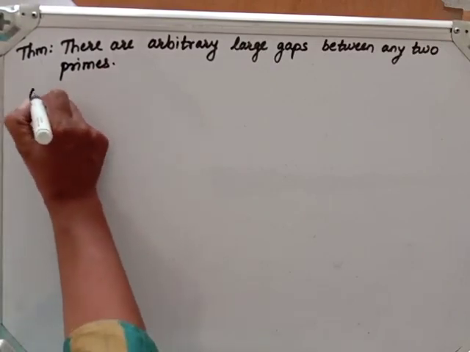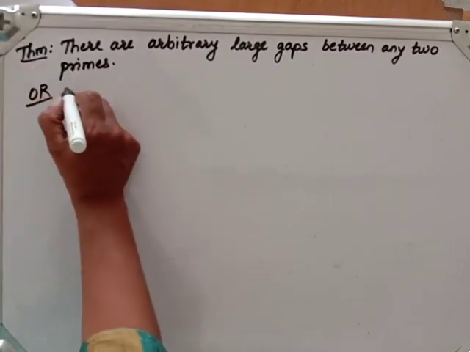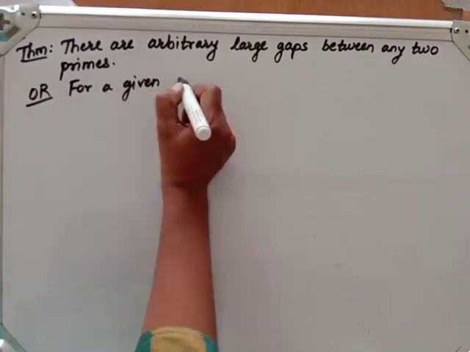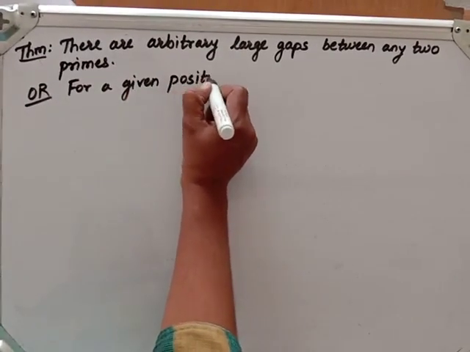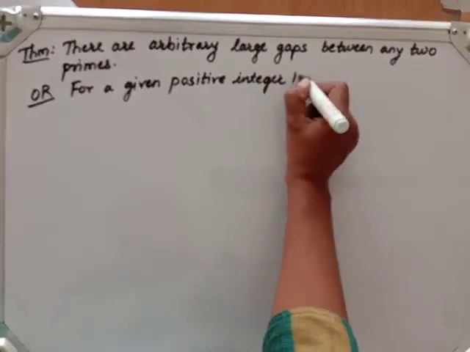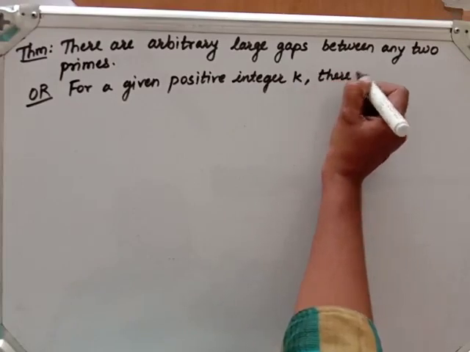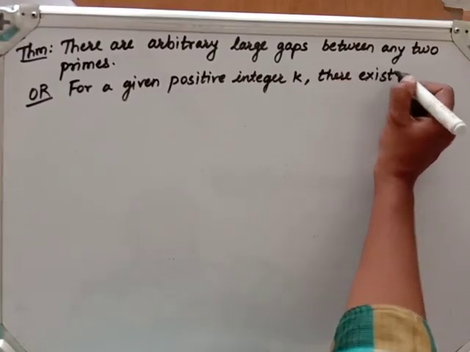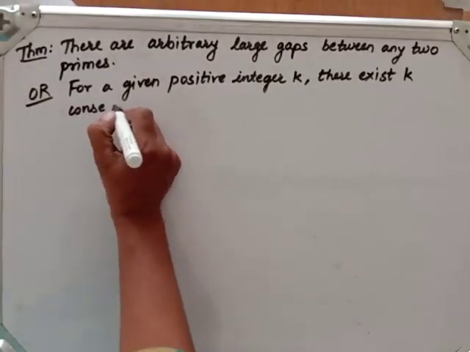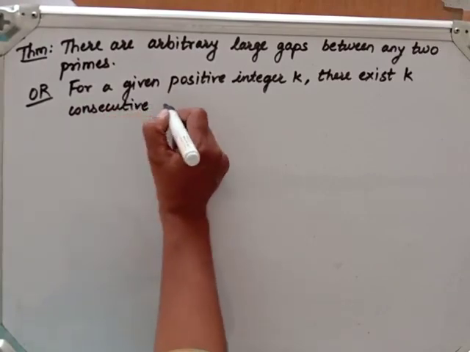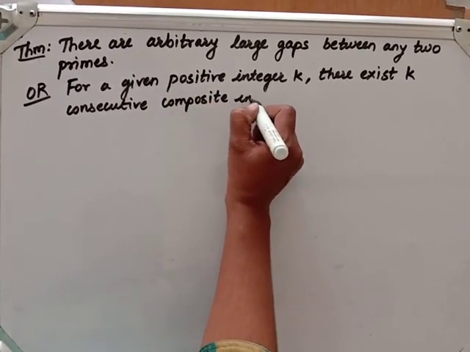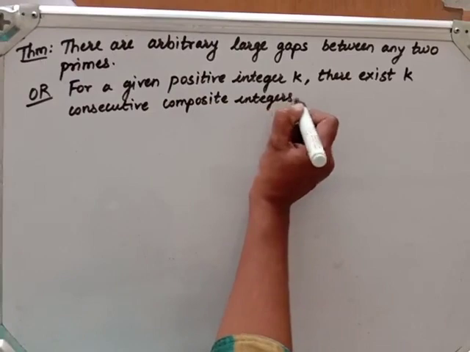Fine. Now, the same statement can be written as, for a given positive integer k, there exists k consecutive composite integers.